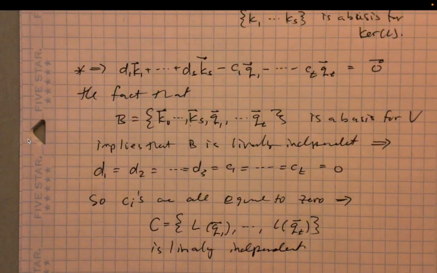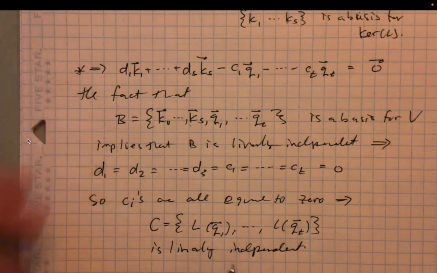And we saw that C spanned the range, and now we see that C is linearly independent. So we have shown that it's a basis.